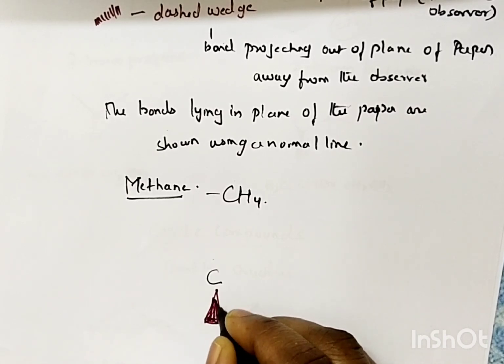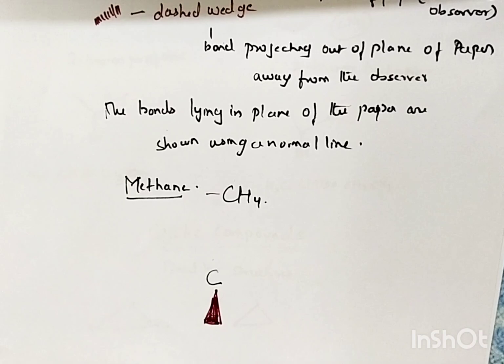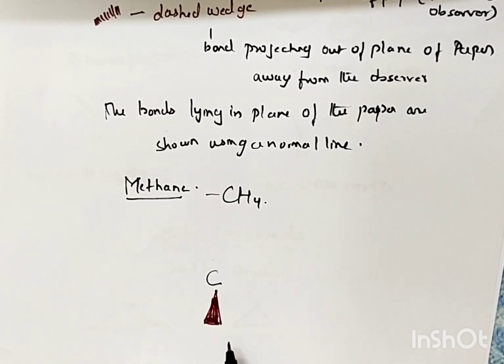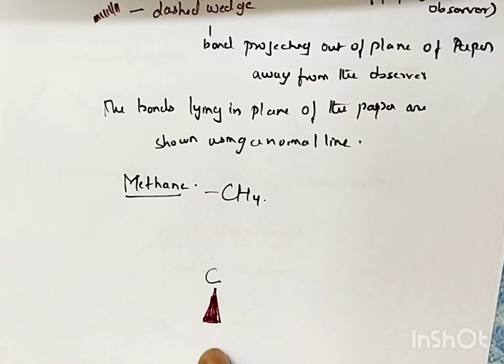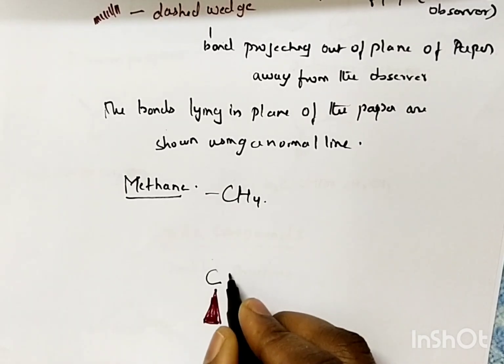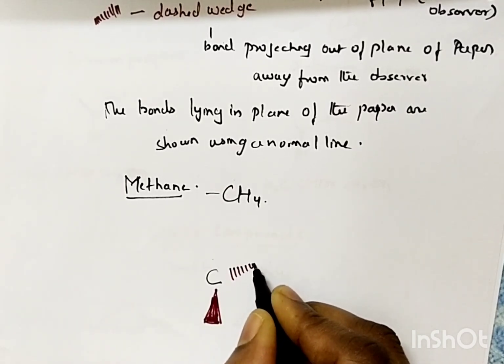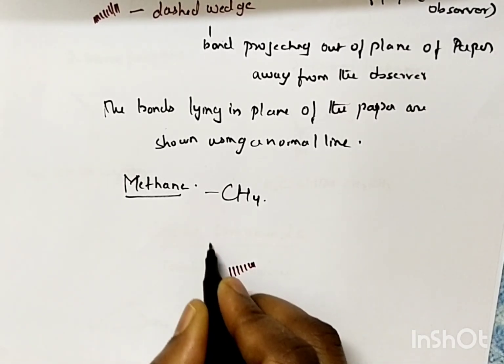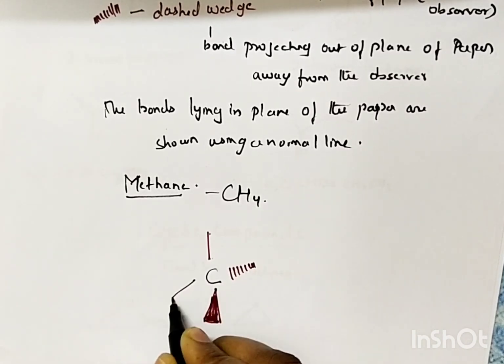This broader end should face towards the observer, who is seeing this. Okay, so this is one, and then here, and this is in the plane of the paper.